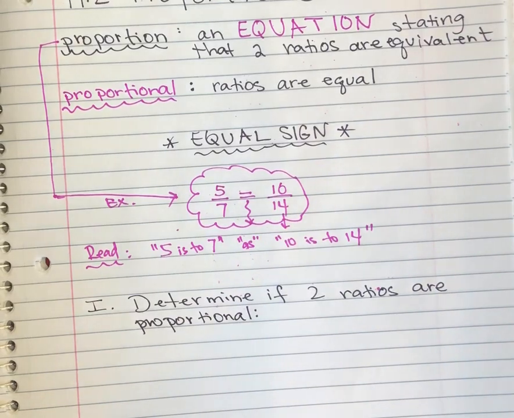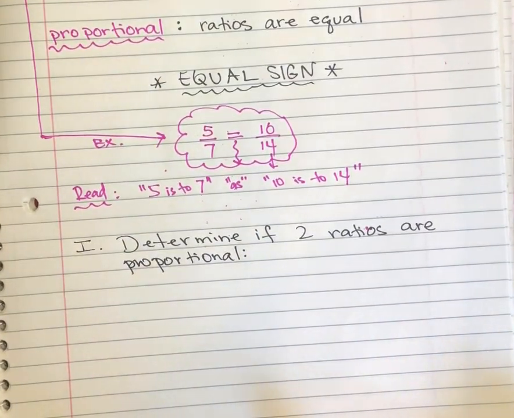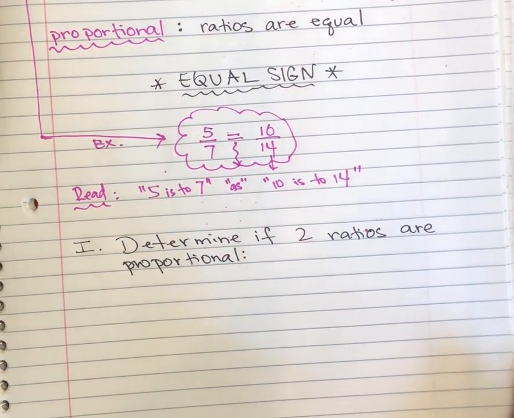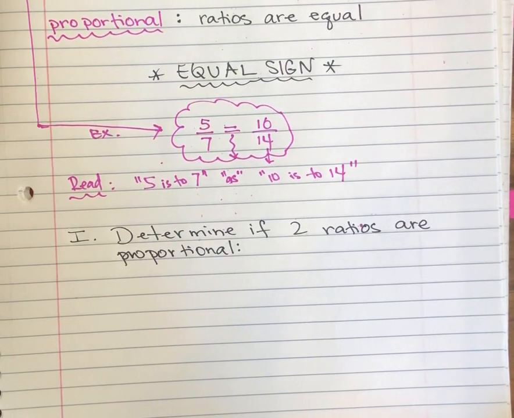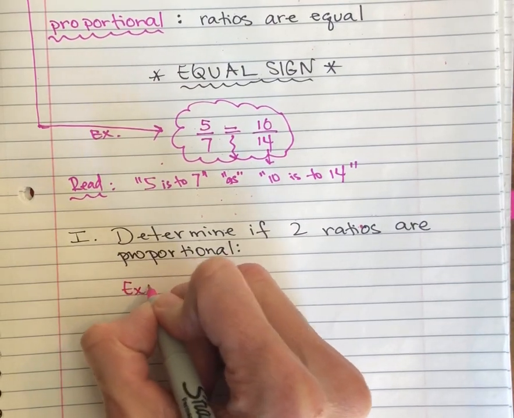We've done this before. We've done it with fractions. We have lots of strategies to compare fractions. It is exactly the same. So I guess we'll just talk about a couple of those strategies that we use to compare fractions, and it's the same thing when we compare ratios.